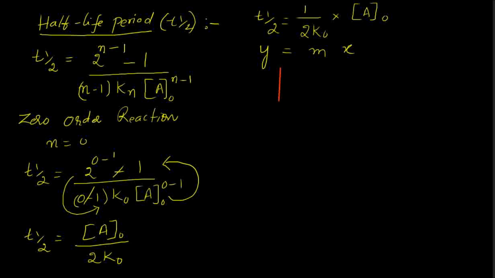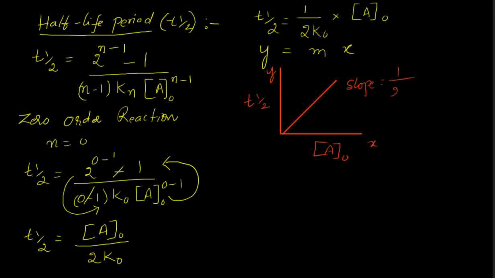Now the graph: on the y axis is T half, on the x axis is the initial concentration a naught. The graph is a straight line from the origin, and the slope equals 1 by 2 k naught. So this is the graph related to the zero order reaction for the half-life period.